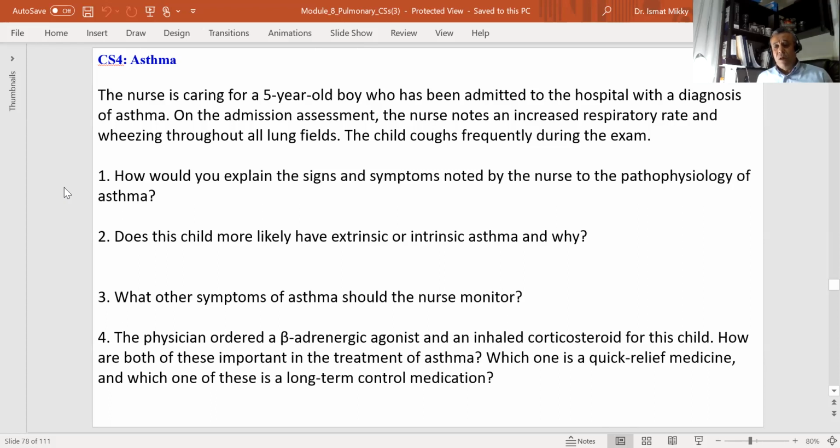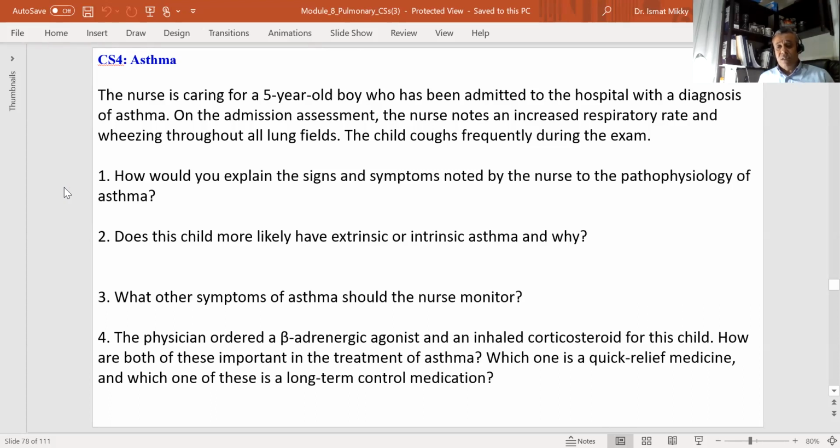So the first component to understand asthma is that there is an increased airway reactivity, which is associated with bronchoconstriction. The bronchoconstriction would result in an increased airway reactivity, obviously when the patient is exposed to an allergen or irritant substance.